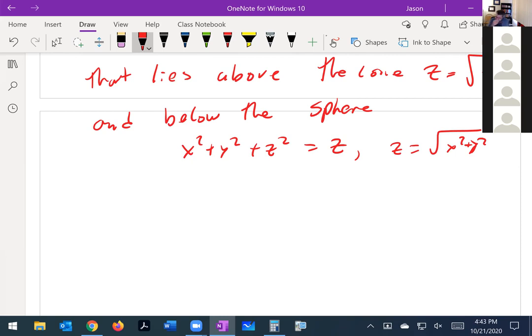Let's focus on the sphere first. What happens when x and y are 0? So let x equal 0 and y equal 0. Then we get 0 squared plus 0 squared plus z squared equals z.